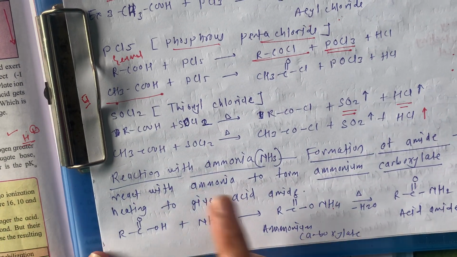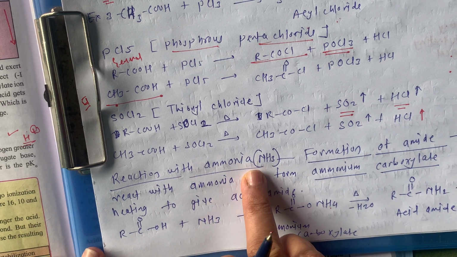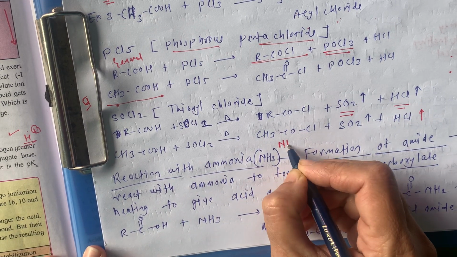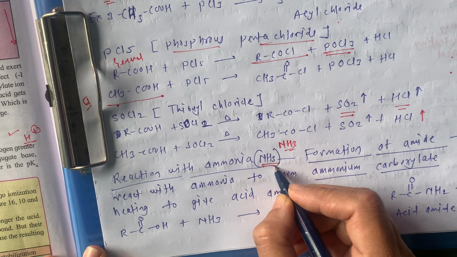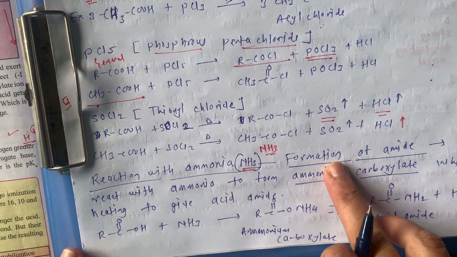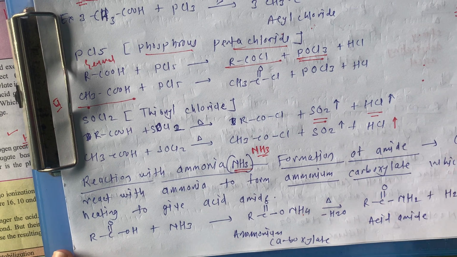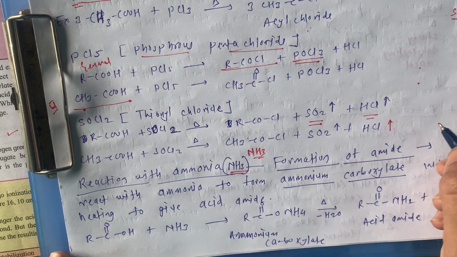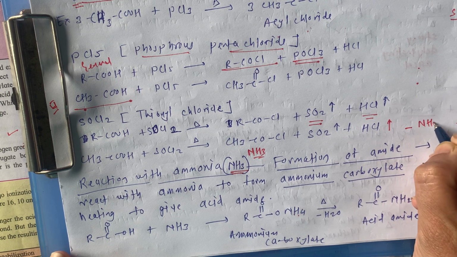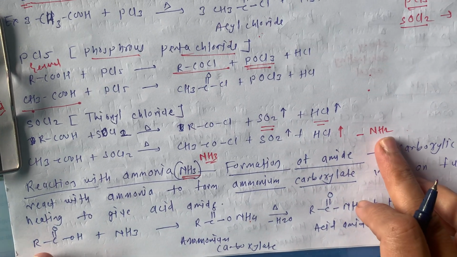Next reaction is the reaction with ammonia. We know ammonia is NH3. This is nothing but the formation of amide. If it is an amine, then it is NH2. We studied this in 11th standard.